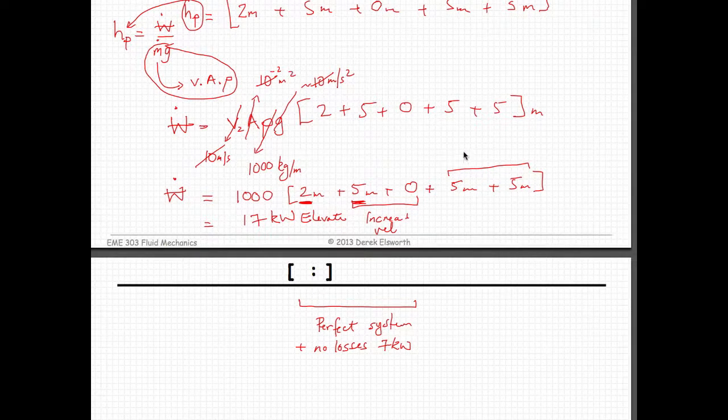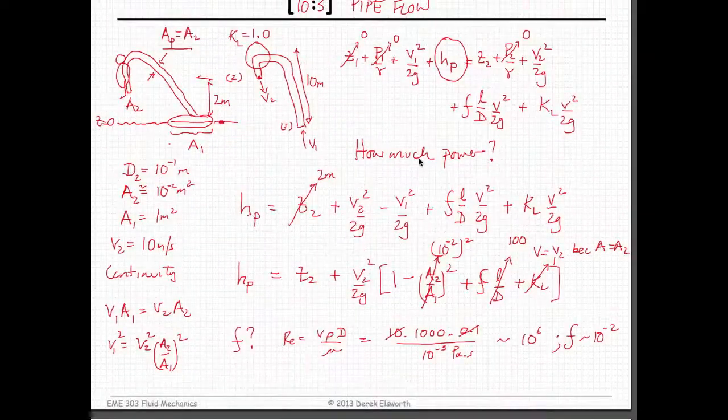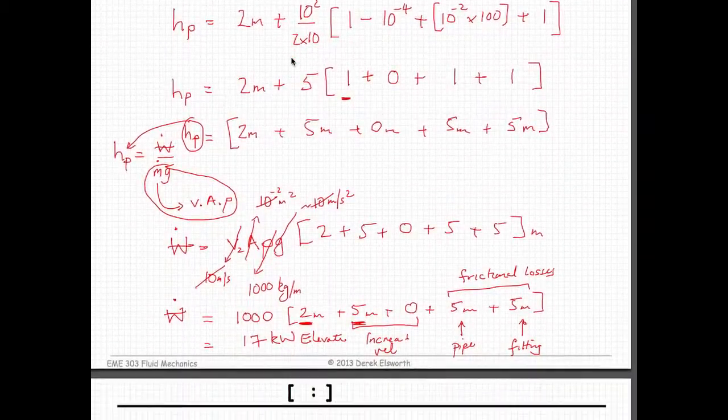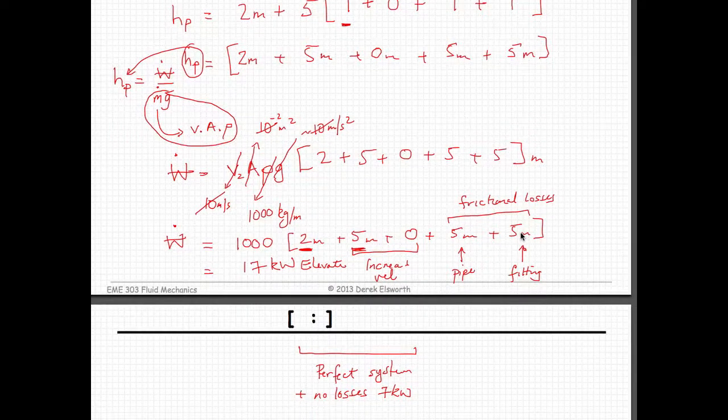These represent frictional losses. This is in the pipe. This is in the bend, the fitting, the one fitting we assumed. If we had a second fitting, which you could imagine that we might do, if it really does look like this, that it's drawn so it has a bend not only here but also here, then this would be equal to 2 times this, which would be 10.